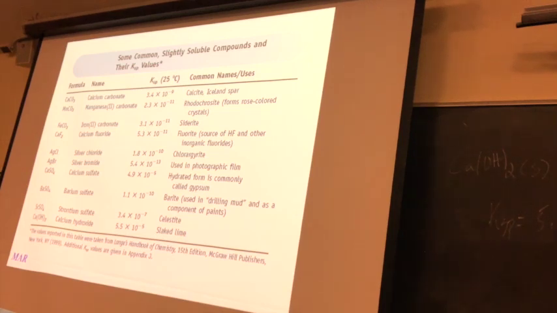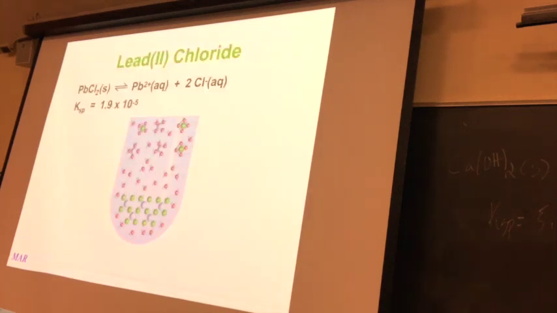But again, if you saw a K less than 1, like this one, would you expect to have lots of solid or lots of dissolved ions? Solid, that's right. Remember, K is less than 1, always more reactant than product. We would expect to see a lot of solid in these kinds of cases. Any questions on that?